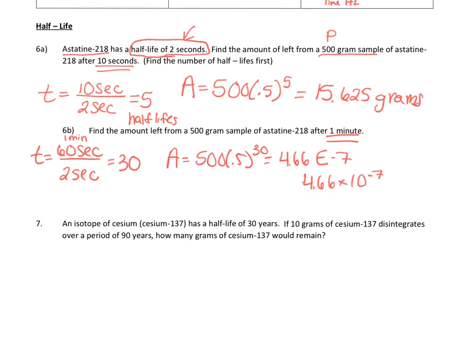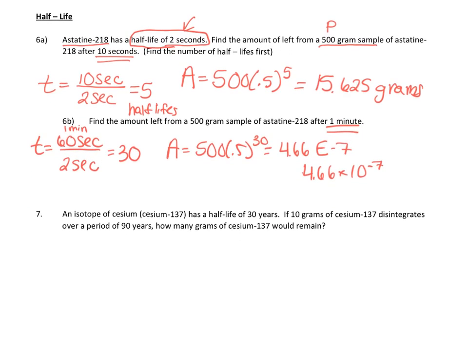And then let's do one more example like this, using our half-life formula. So I have isotope cesium, and it has a half-life of 30 years. If I have a 10-gram sample over 90 years, how much will be left? So again, the first thing I want to calculate is the number of half-lives. So total time is 90 years, and then each half-life is 30 years.